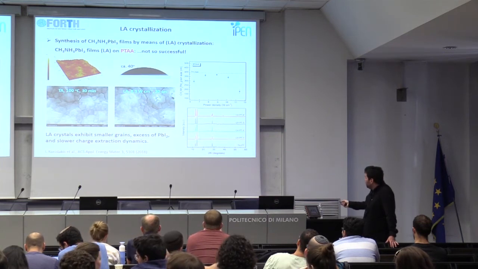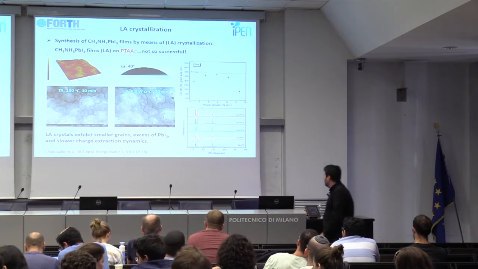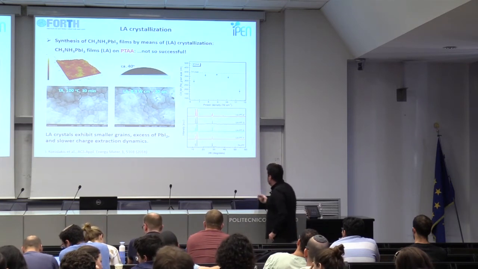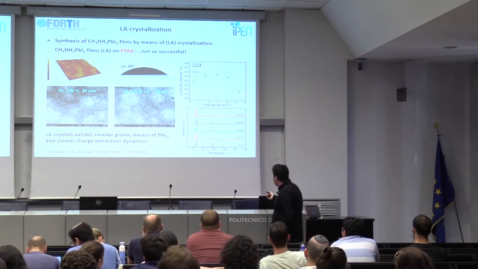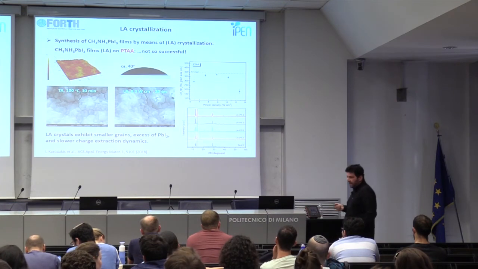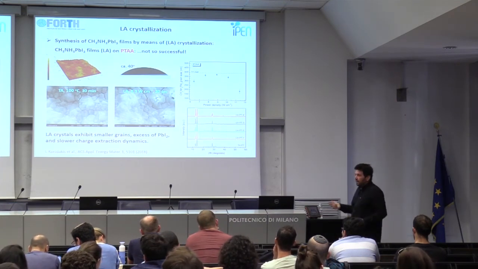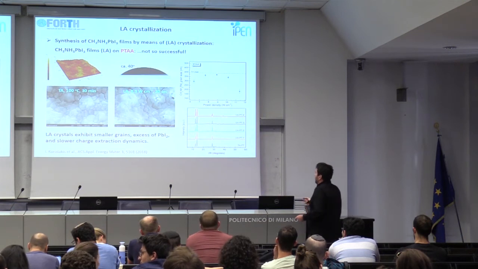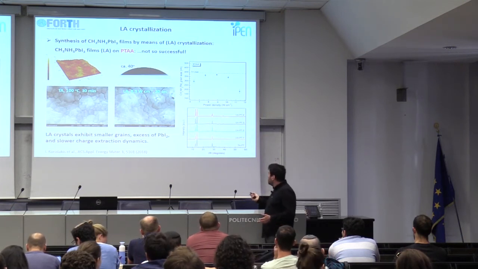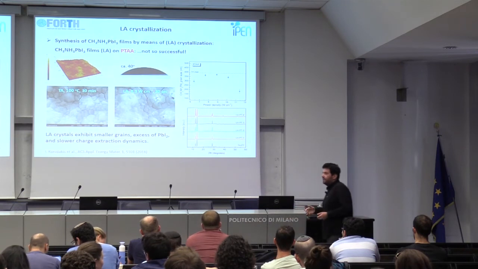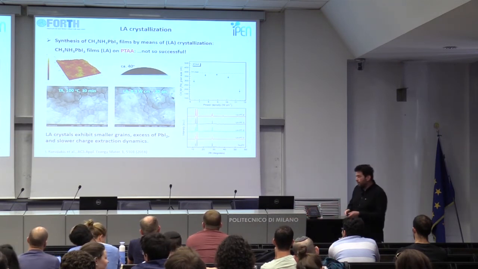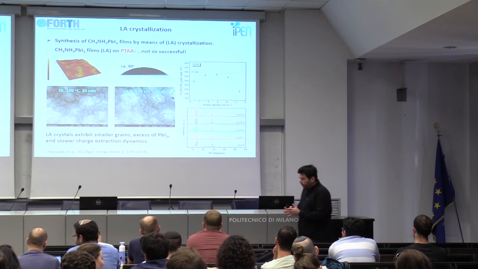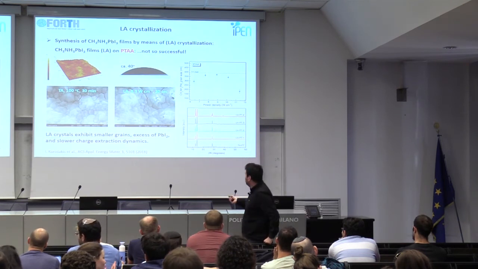And we also see, from the corresponding XRD spectra, that we ended up with a lot of lead iodide excess. And we have an explanation for this that I would briefly like to mention: here it's more hydrophobic, and you really need to do it slowly in order to have a homogeneous deposition of the precursors onto the film.